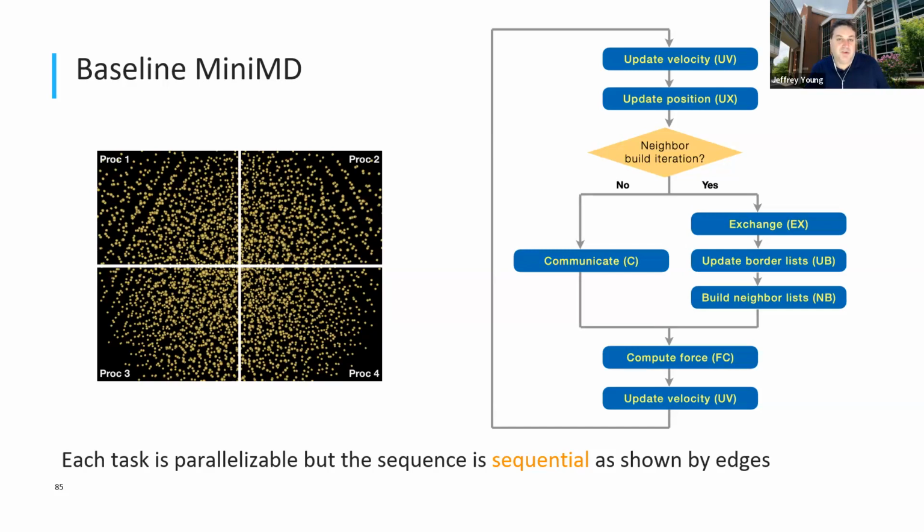So depending on whether you're at one of those intervals where you need to do the neighbor build, in one case you might just do communication, and in the other case you might exchange data, and then all of these neighbor lists will get updated in that second category.